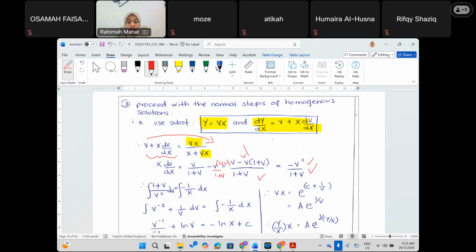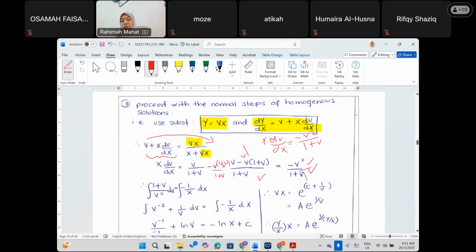Actually, your equation is like this: x dv over dx equal to negative v squared over 1 plus v.